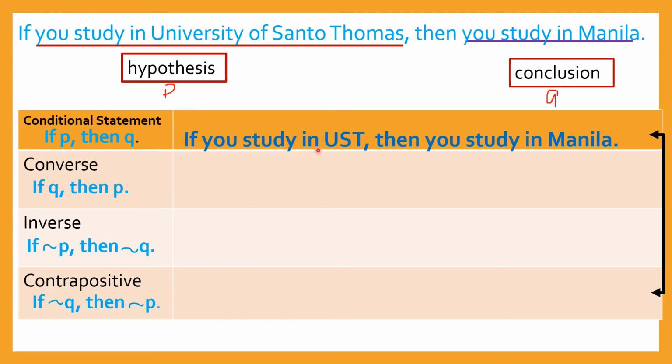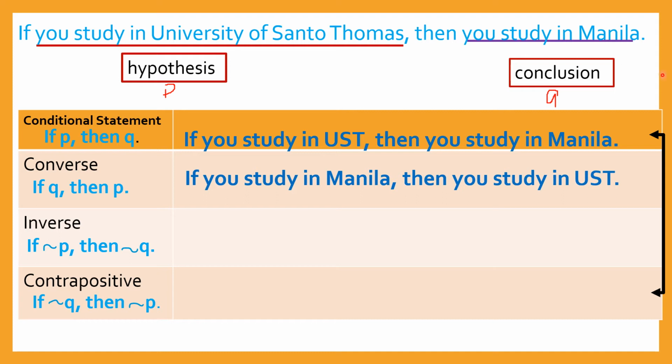If you study in UST, then you study in Manila. Now, the converse is if Q, then P. It means the conclusion becomes the hypothesis and the hypothesis becomes the conclusion. Which means that if you study in Manila, then you study in UST.